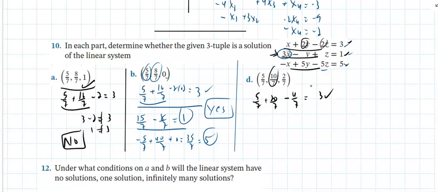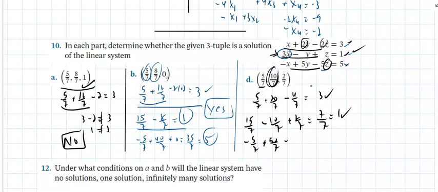For the second equation, 3 times the first, that's 15 over 7, minus 10 over 7, plus 2 over 7, what that equals over 7. 17 minus 10, 7 over 7, which is 1, it does check. And for the third, negative x, negative 5 over 7, plus 5 times 10 over 7 is 50 over 7, minus 5 times 2 over 7, that's 10 over 7.